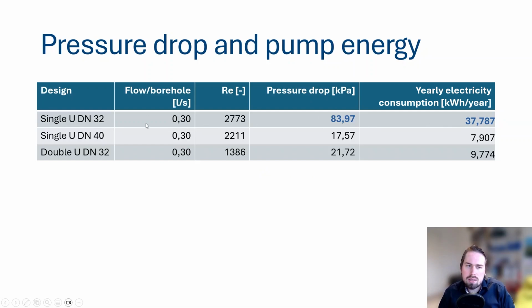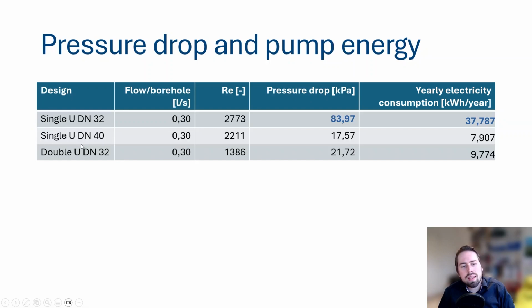So as you can see with the single DN32, we have a Reynolds number that's in the transition zone. So when it comes to the pressure drop, it's already turbulent. There is not such thing as a stringent pressure drop that's taken into account. So what you can see here is that it's a rather big pressure drop of 83.97 kilopascals, which leads to a yearly electricity consumption of around 38 kilowatt hours per year.